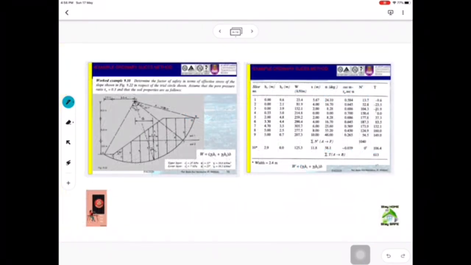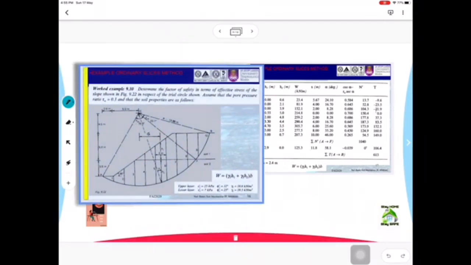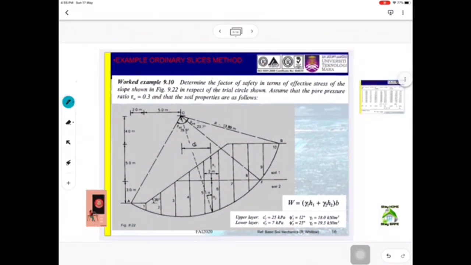And another exercise that I took from Whitlow. A soil slope is not always one layer, it can be 2 layers. Okay, so look at this example.